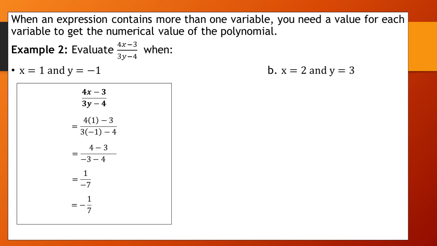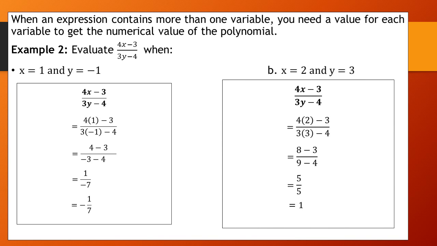So we have 4 times 1 minus 3 divided by 3 times negative 1 minus 4. So 4 times 1 is 4, 3 times negative 1 is negative 3. 4 minus 3 is 1, negative 3 minus 4 is negative 7. So the answer is negative 1 over 7.